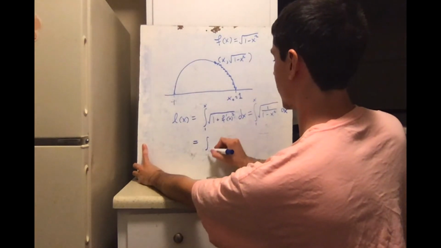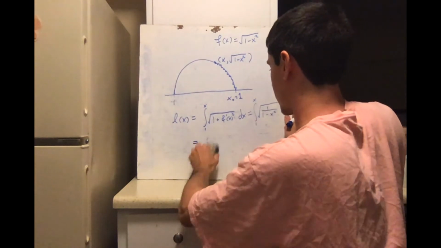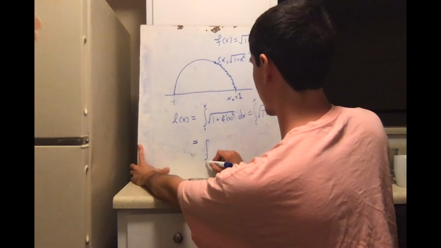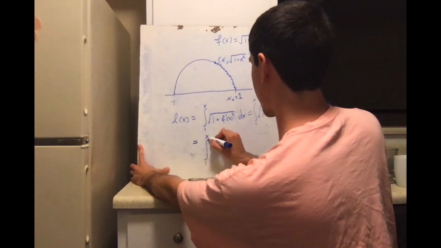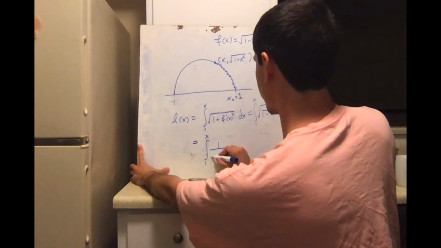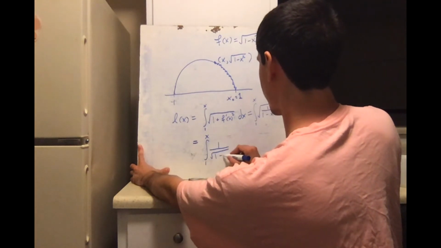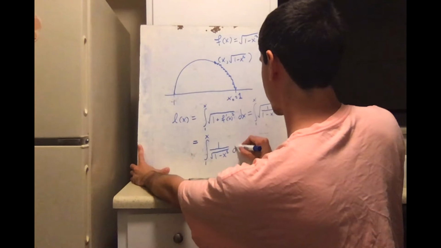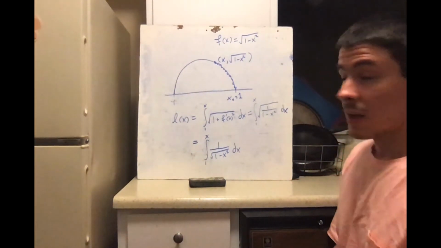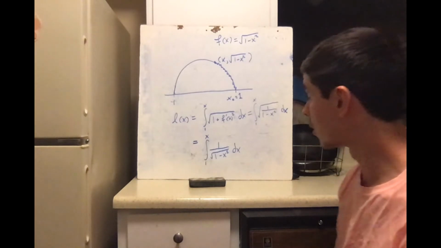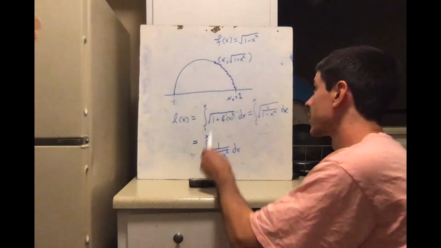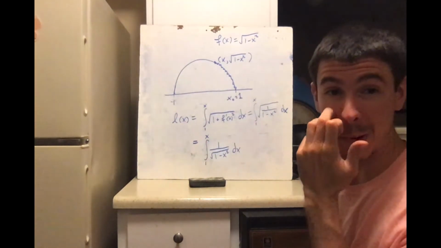So this is going to be the integral from 1 up to x of 1 over the square root of 1 minus x squared dx. So we have an expression for the arc length.